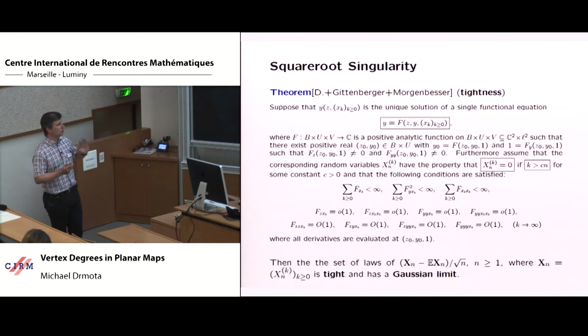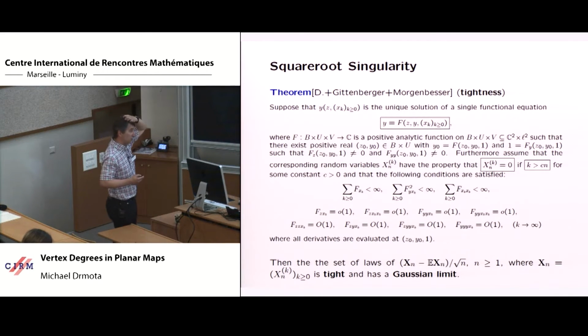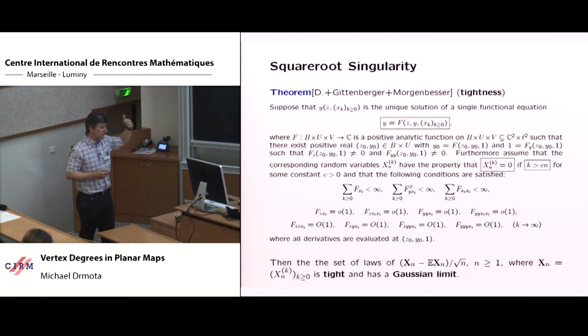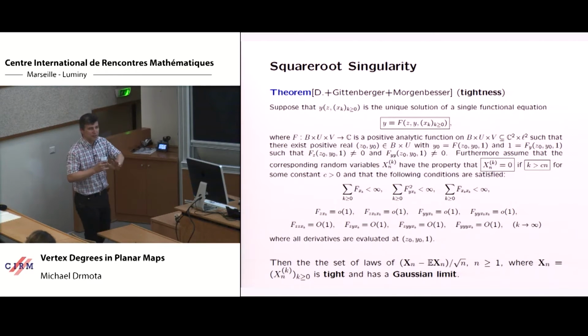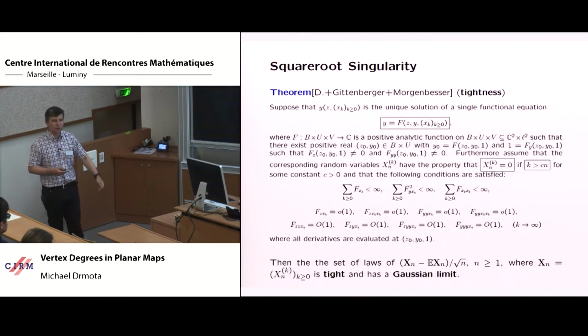I don't want to go into the details of this part of the proof, but you can prove tightness more or less by a moment condition. Under these conditions you get this moment condition, and we have to start with this kind of equation, and in our context all these conditions are satisfied, so you also get the tightness and the Gaussian limit.